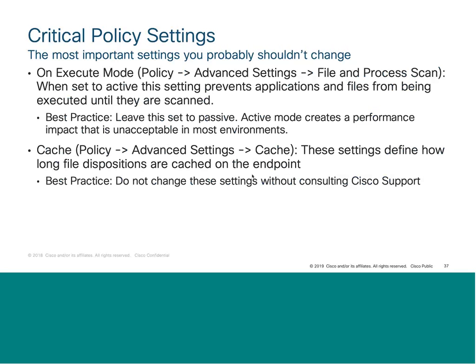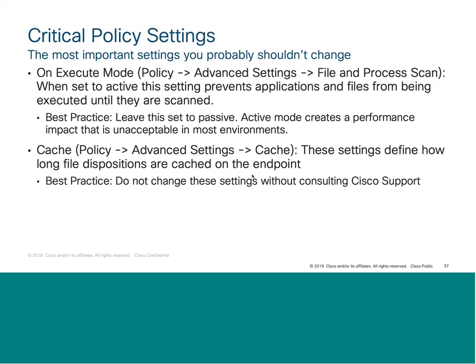Couple other critical policy settings. Please don't change these. They're accessible via policy, but you shouldn't mess with them unless you've discussed it with support and you're actually intending to accept the performance impact that these could incur. On execute mode. This mode holds all file executions.